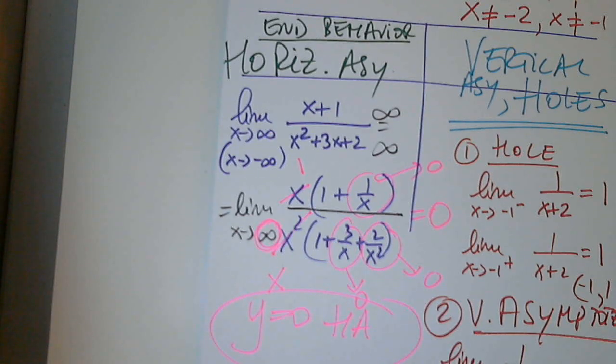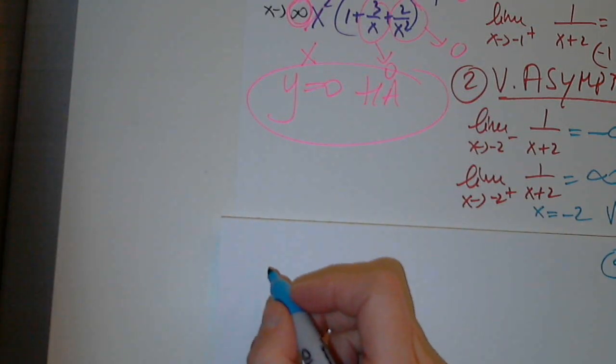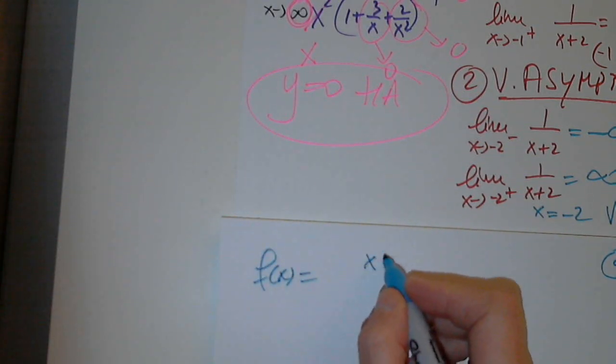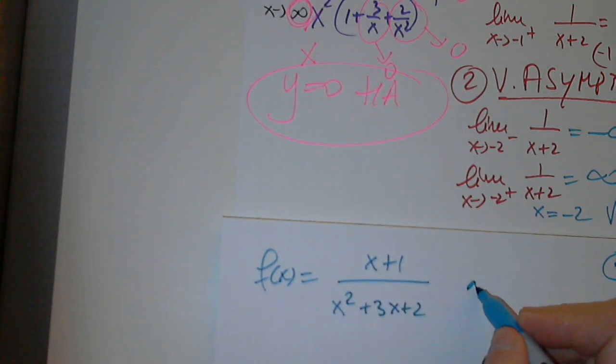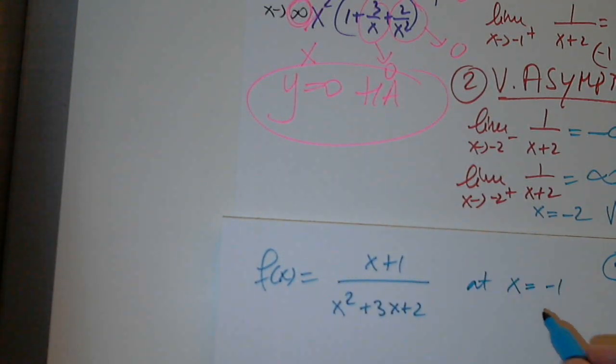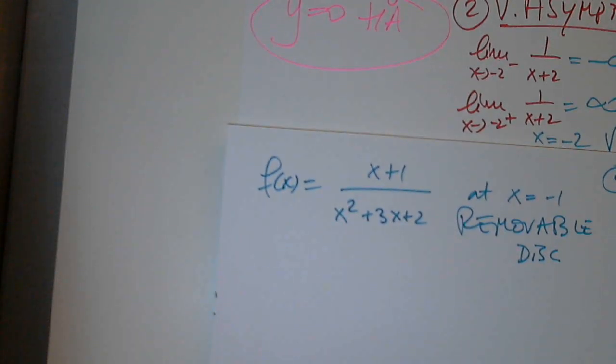And I'm going to do that right now on this function. So obviously, here's an example for you. So we had f of x equals x plus 1 over x squared plus 3x plus 2. At x equals negative 1, it has a removable discontinuity. Yes, it's discontinuous at negative 2 as well.